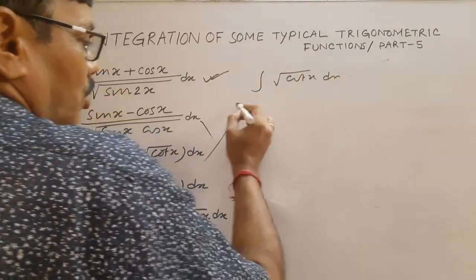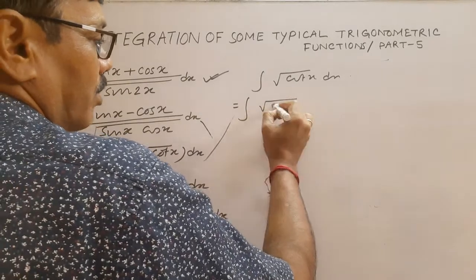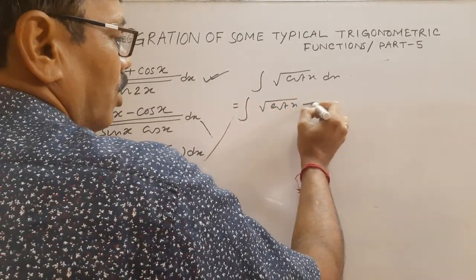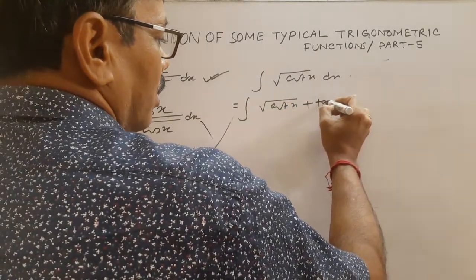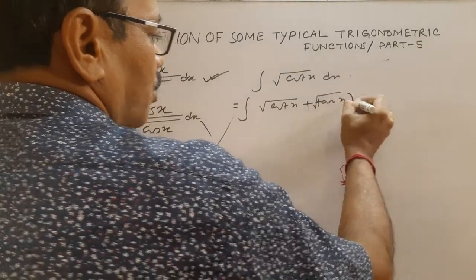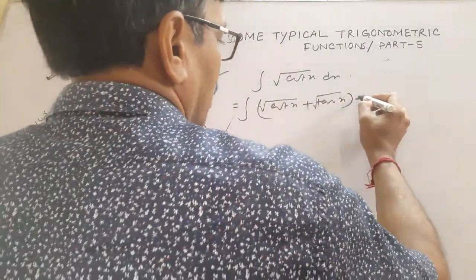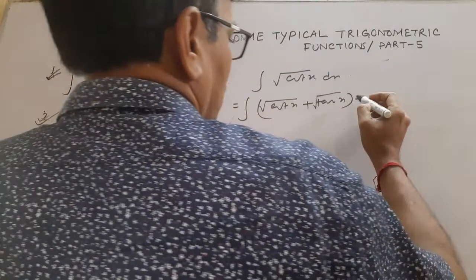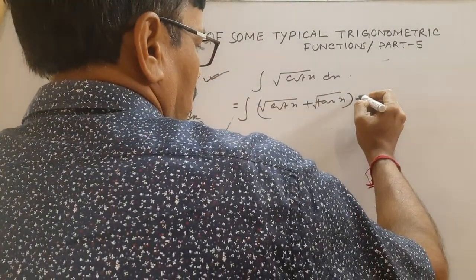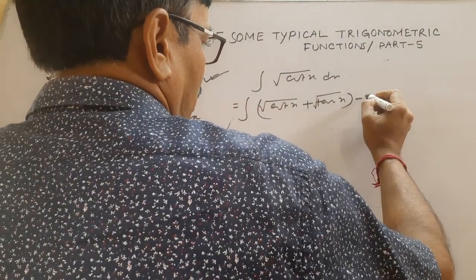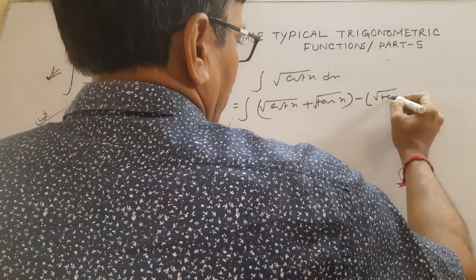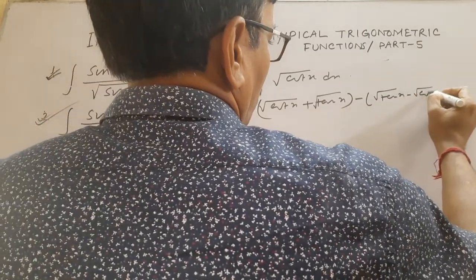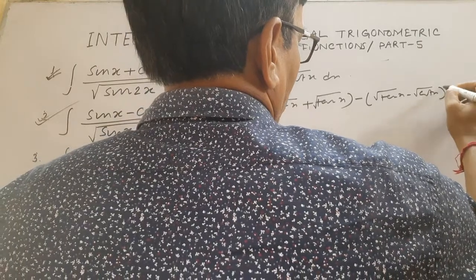So look, root over cot x can be written as half of (root cot x plus root tan x) plus (root cot x minus root tan x) dx.